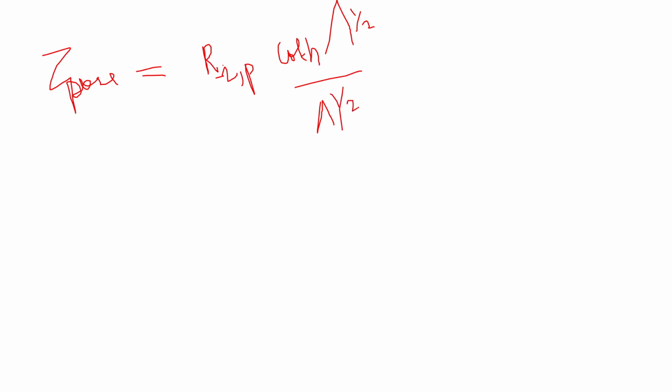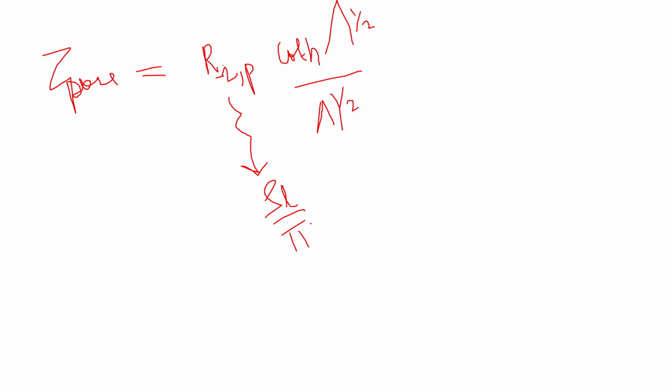So you have Z pore, which is equal to R, where P is just indicative of pore. Now this is the dimensionless admittance and this one is rho L by pi r square. This is the next equation you need to know in solving problems.